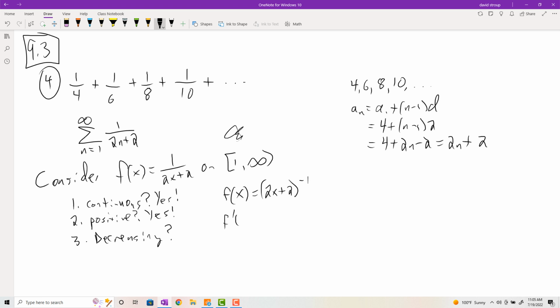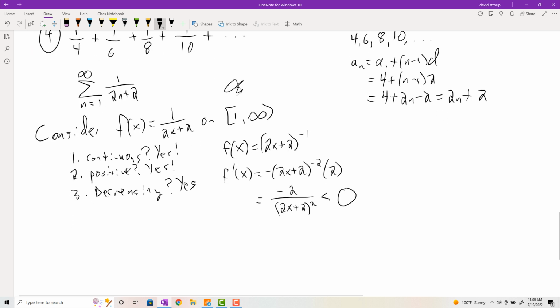So f prime of x is going to be negative 2x plus 2 to the negative 2 times 2, which will be negative 2 all over 2x plus 2 squared. That thing on the interval from 1 to infinity will definitely be less than 0. Okay, so you need to get the derivative, mention that it's less than 0, and then you can continue on with the integral test.